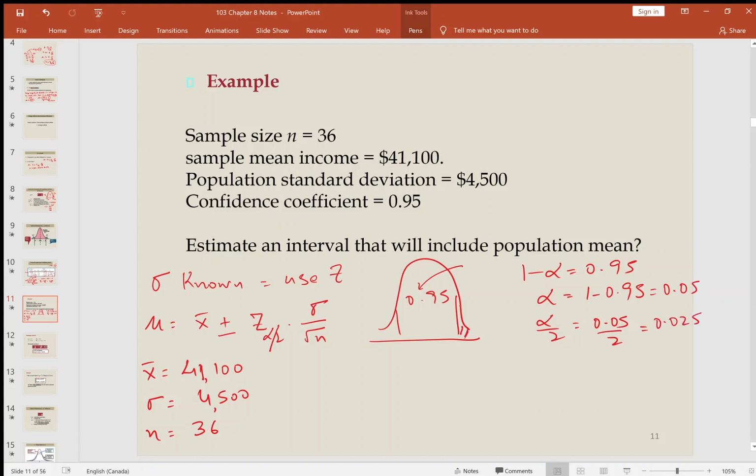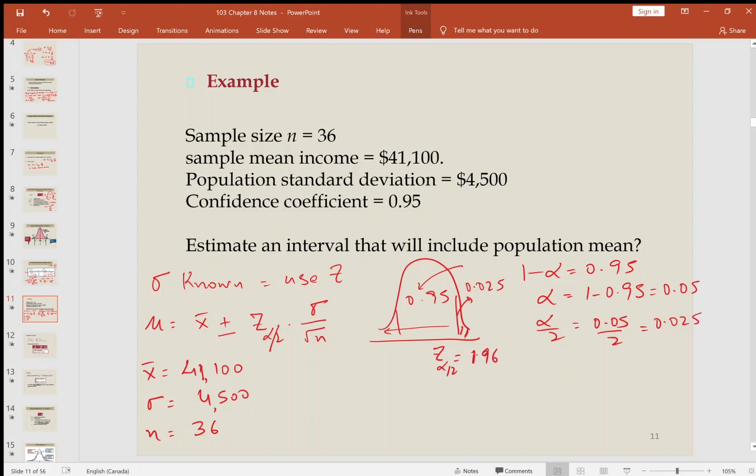So this area is 0.025, and then the lookup area, all of this area, is 0.975, since 1 minus 0.025 is 0.975. If you look up the probability tables, you will find that the z-score, or z alpha by 2, for this case is 1.96.